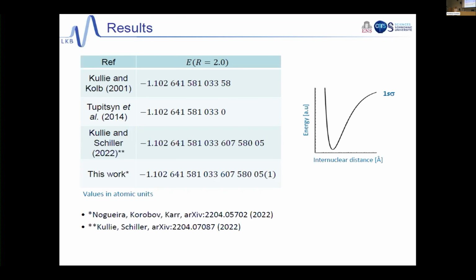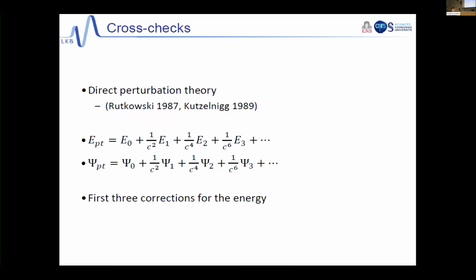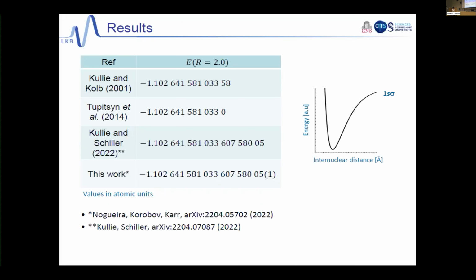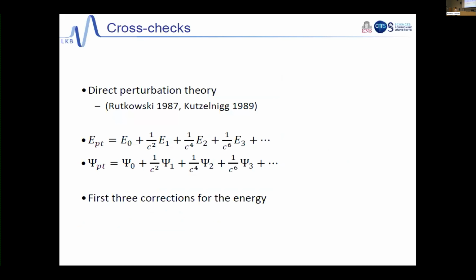So some cross checks, because when we got our result, this result by Cooley and Schiller wasn't available. So to make sure it was correct, we used perturbation theory. We used perturbation theory to expand the energy and wave functions of the Dirac equation.